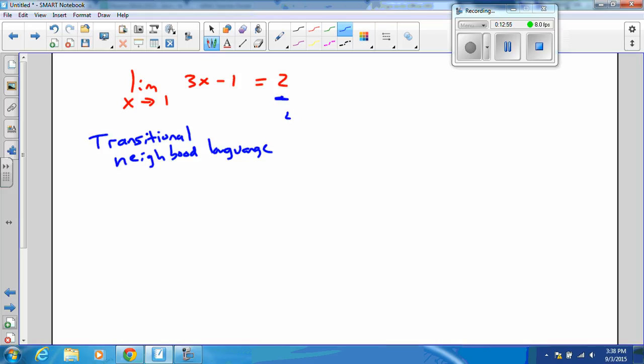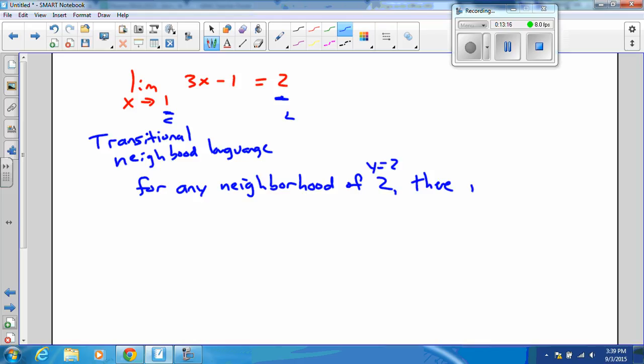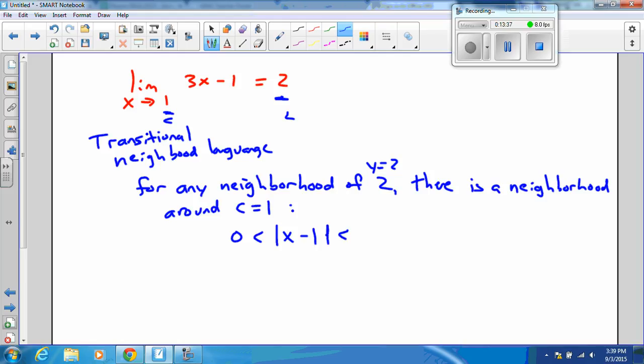I'm going to identify my L and my c right here, and we're saying for any neighborhood of 2, and you can say y equals 2 if you want to be particular about it, there is a neighborhood around c equals 1 such that whenever x is in the deleted neighborhood of 1, then 3x minus 1 is in the neighborhood of 2.